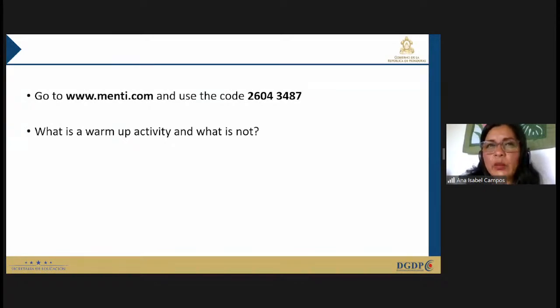Sometimes I have seen warm-ups that, instead of a warm-up, become almost a control practice activity or a production activity. So what is a warm-up? I would like you to share your thoughts very quickly in menti.com using that. You can also use the chat. If you cannot connect to Menti, perhaps you can also use the chat.